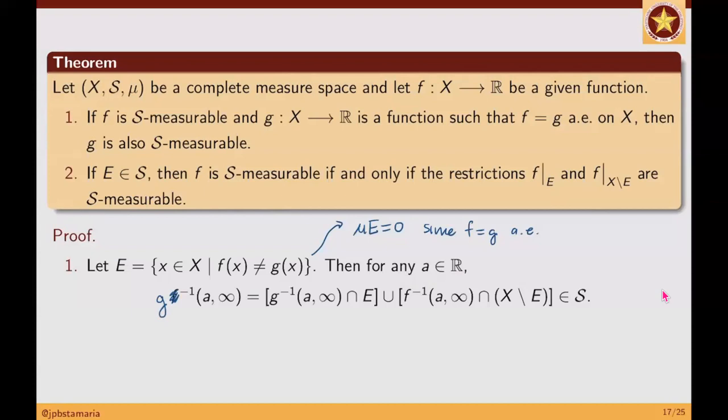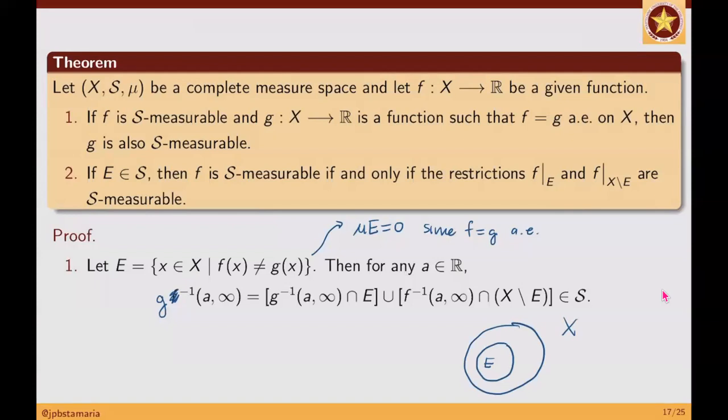Okay? Huwag niyo munang pansinin ito. Bakit siya nagkaganyan? I will explain. Sige. Ito yung X. Ito yung E. I hope I can explain this further.